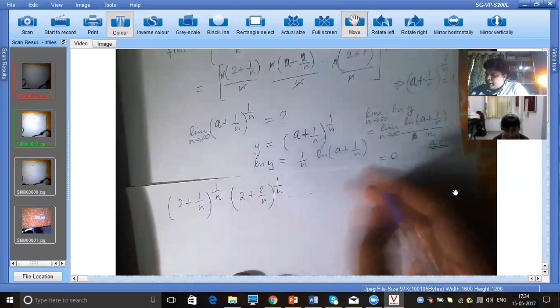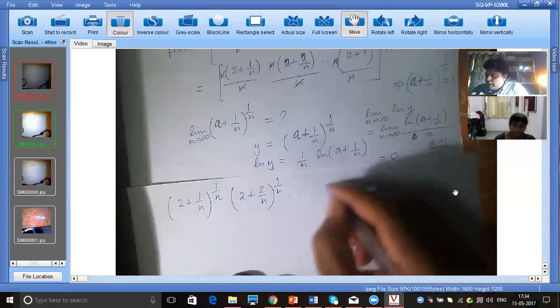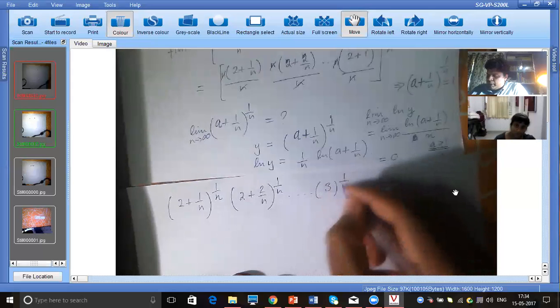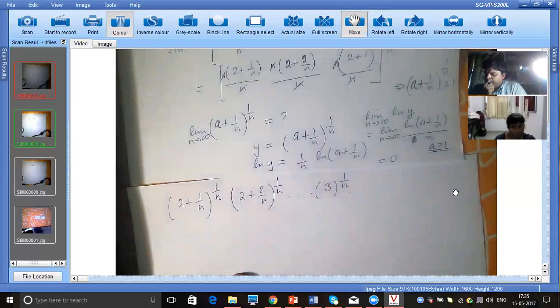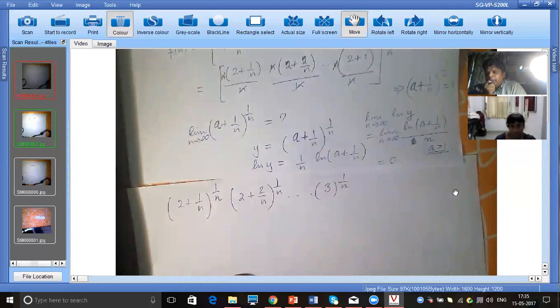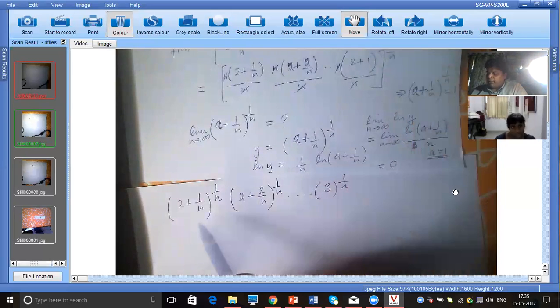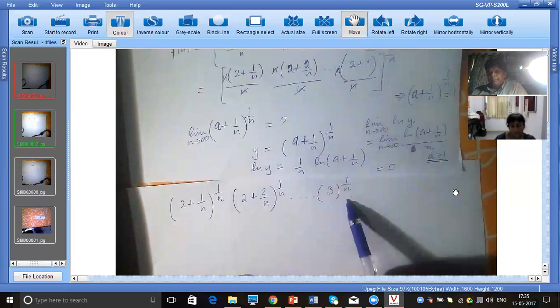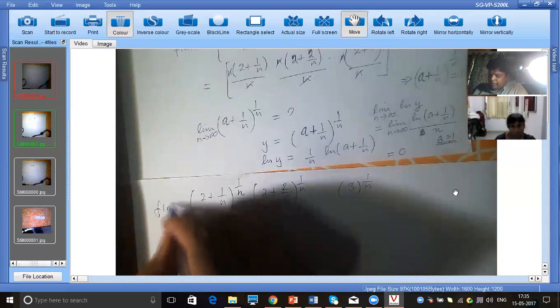And then finally I'll have 3 whole to the 1 by n. Is that right? Am I good so far? All I have done is distributed the 1 by n to each one of these things. And then this is f of n.